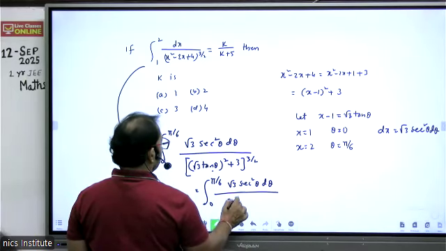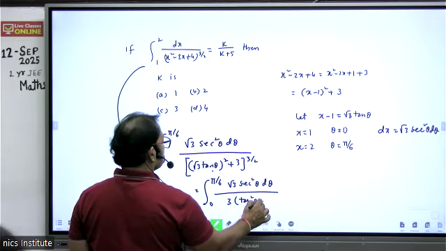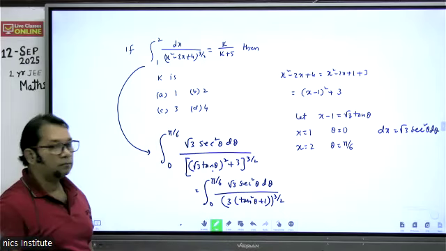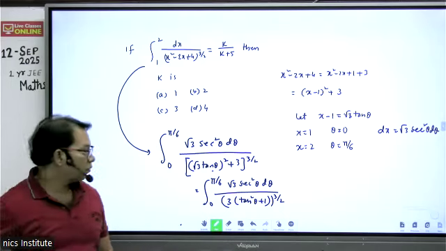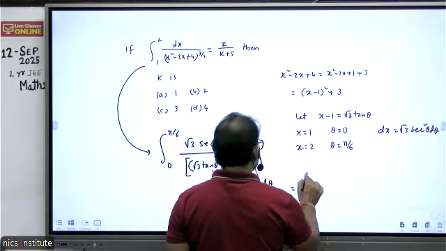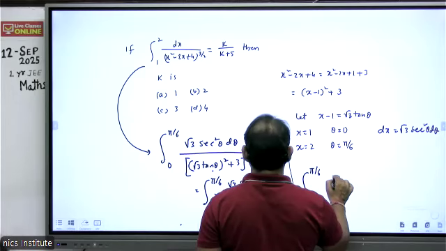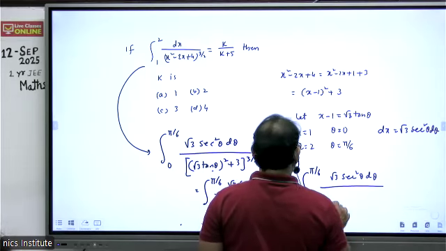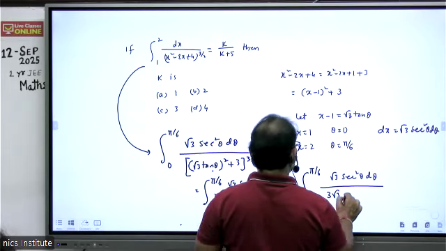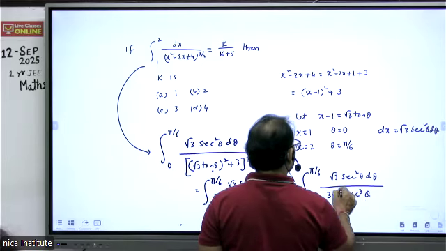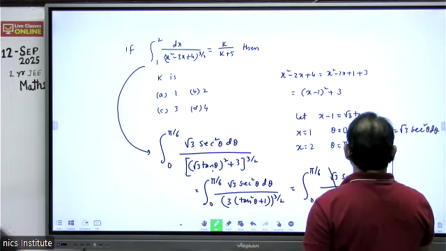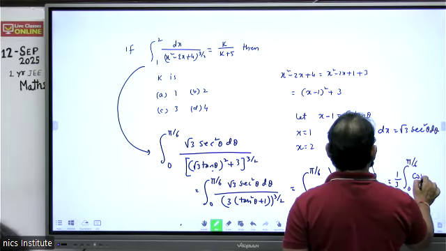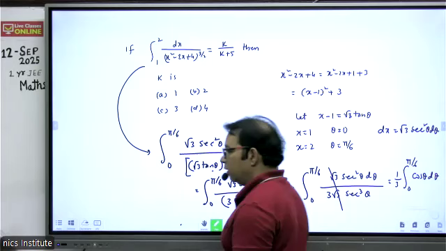So this is 3 into tan square theta plus 1. Tan square theta plus 1 is sec square theta. So this would be 3 root 3 sec cube theta. Root 3 cuts. 1 by 3, 0 to pi by 6, cos theta. Then you integrate it and you get the answer.